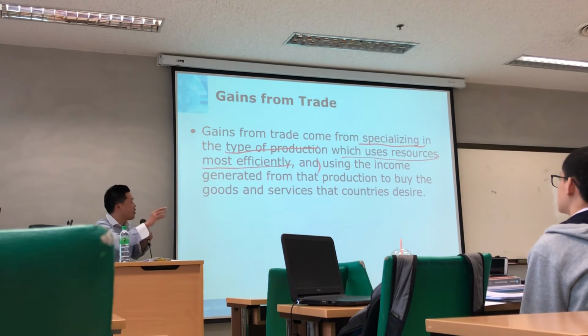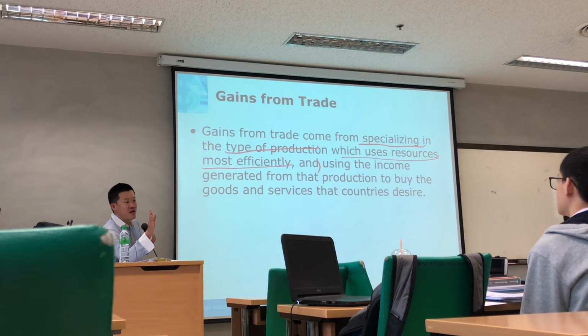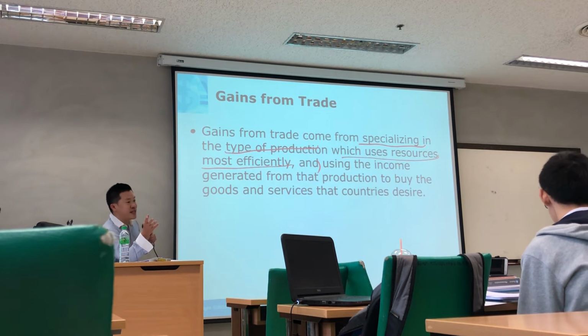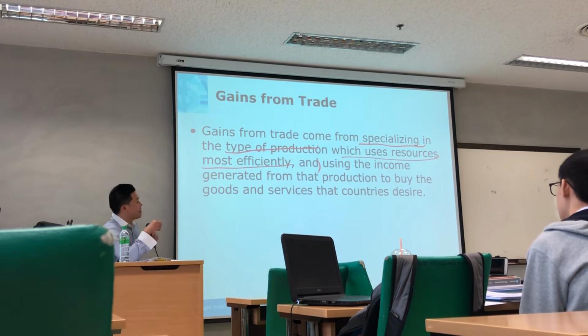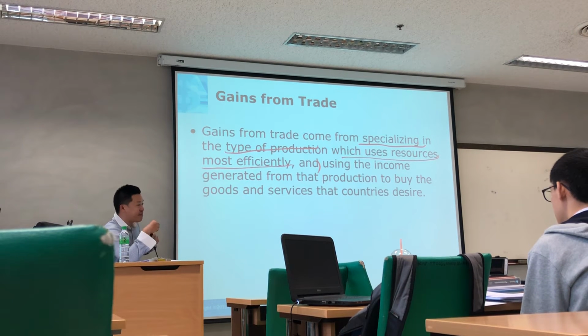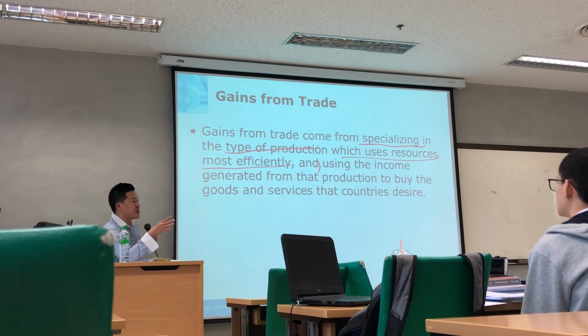They allocate labor to produce the most efficient products for the country. They don't need to produce both at all, right? And foreigners allocate labor to produce only wine. Wine is the most efficient product for foreigners. So they produce what they have specialization in.